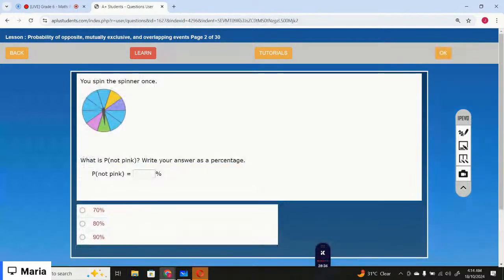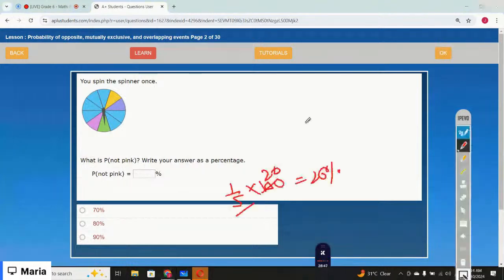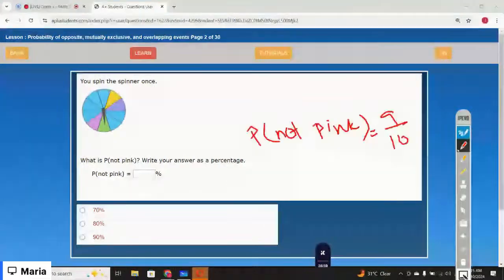Okay, you spin a spinner once. What is the probability of not pink? Write your answer as a percentage. So you have 9 portions that are not pink out of 10. Probability of not pink. So you have to convert it into percentage form. So by the 100, that is 90%.